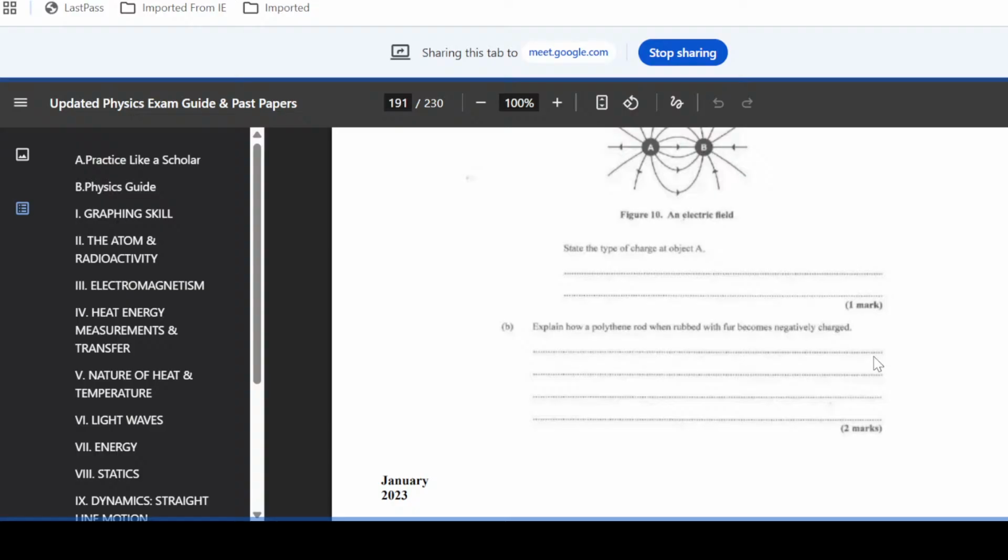How would the polythene rod become negatively charged? Some of the electrons leave the fur and go onto the rod.